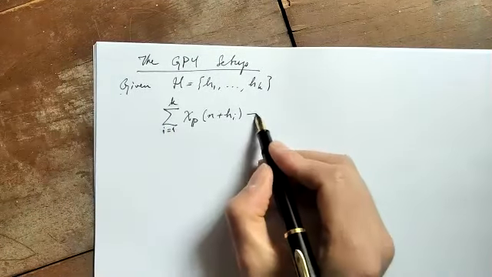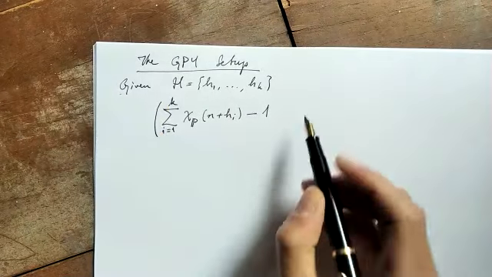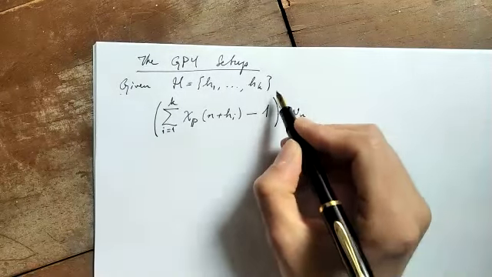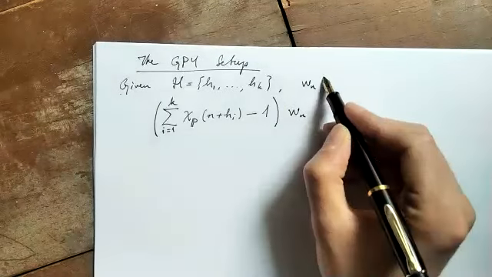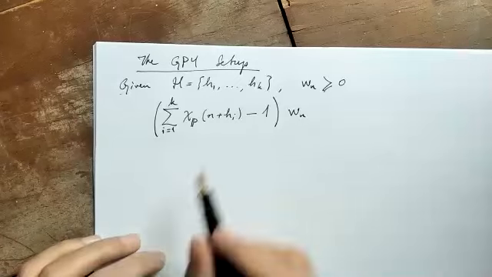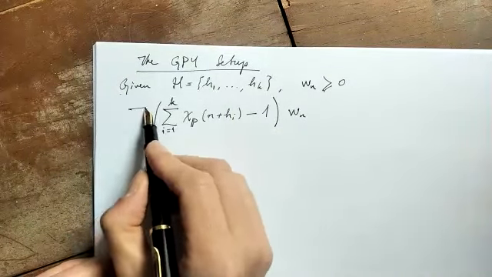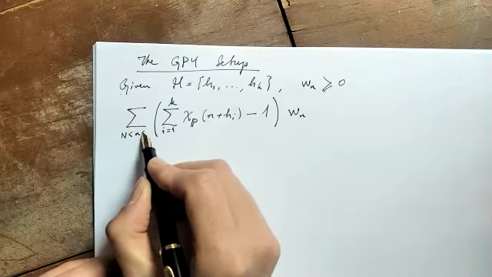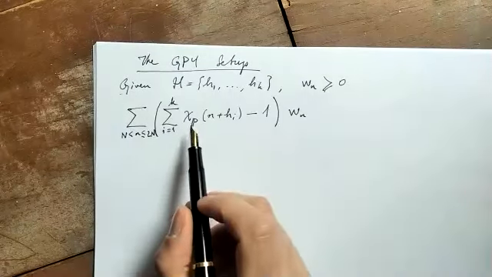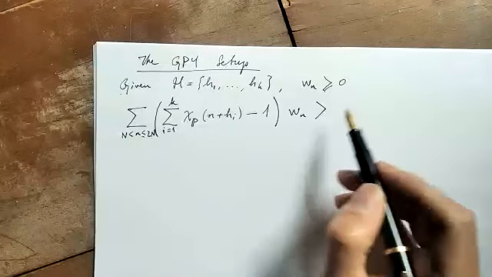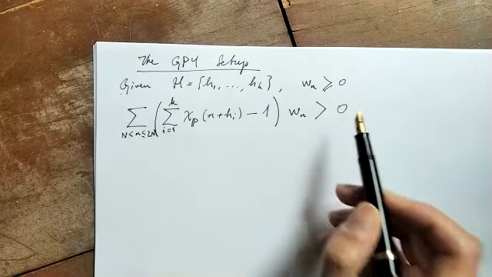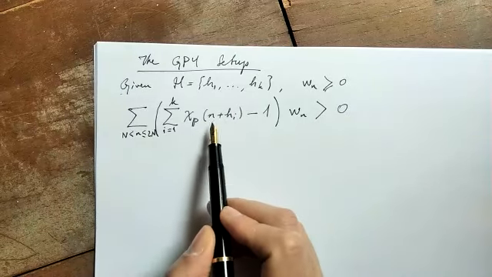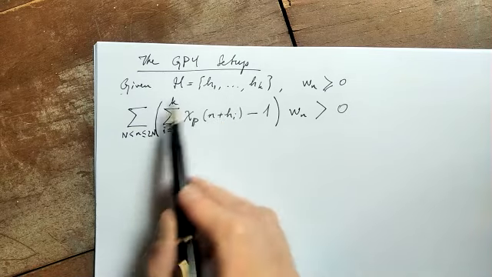From this count, subtract just 1 and multiply it by some weight. This weight function should be non-negative. And go ahead and sum this over some dyadic interval. Now, if you showed such a thing is positive, since these are non-negative, if you never had even 2 primes in a tuple, this would be either 0 or -1, so this thing would be negative.